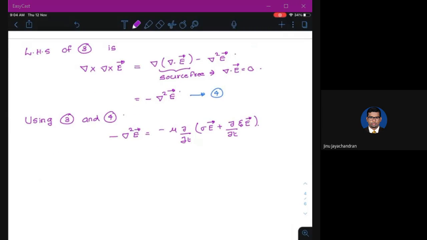And you cancel the minus sign at both ends. So we'll have del square E is equal to mu sigma dou E by dou t plus mu epsilon dou square E by dou t square.